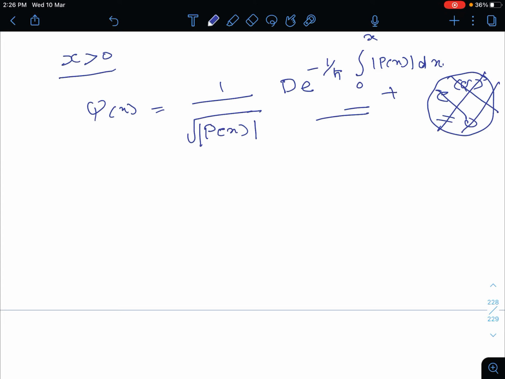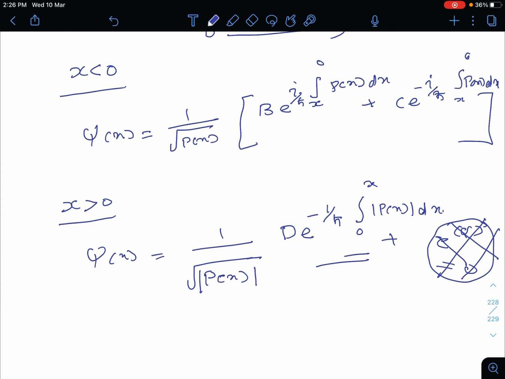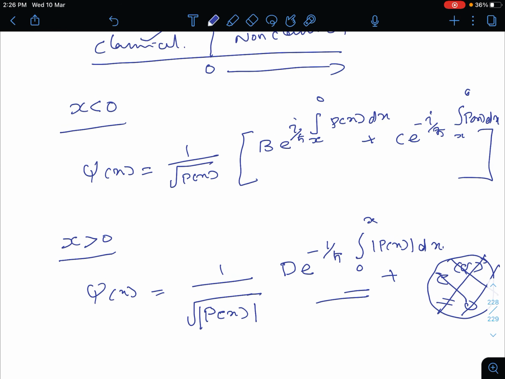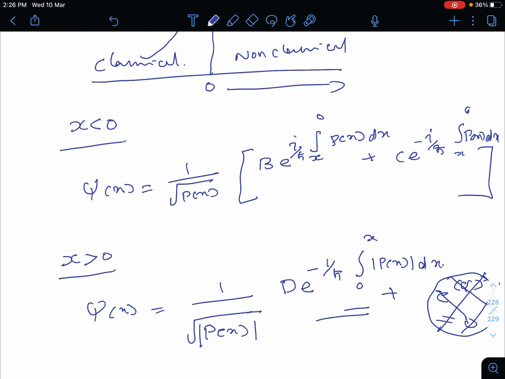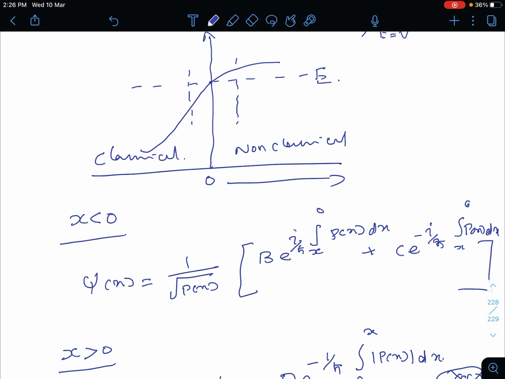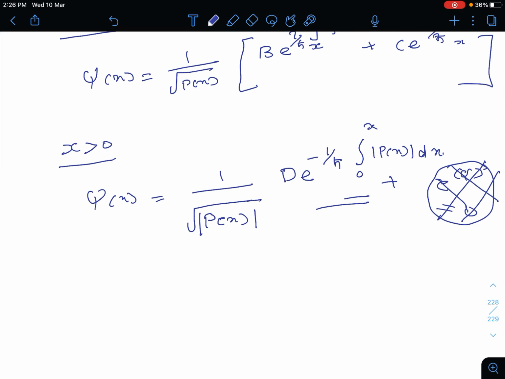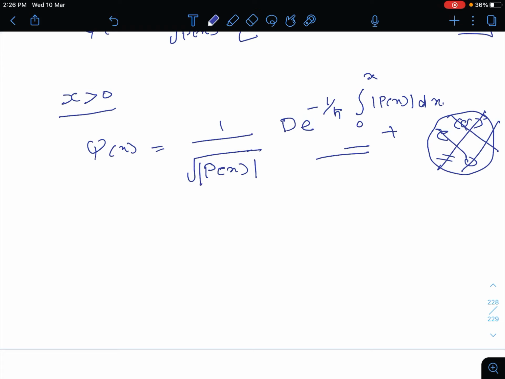Now there is a problem. These are two separate wave functions, one oscillatory and the other exponential, but they meet at the origin, x equal to 0, that means the E equal to V point.